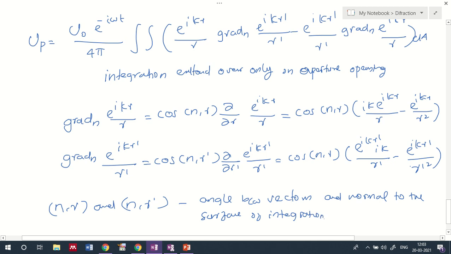Okay, so now we already have the equations for the gradient n of e raised to ikr by r and the gradient n of e raised to ikr dash by r dash.